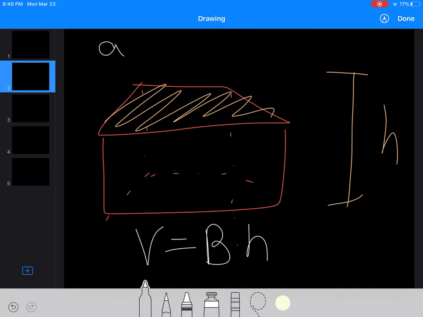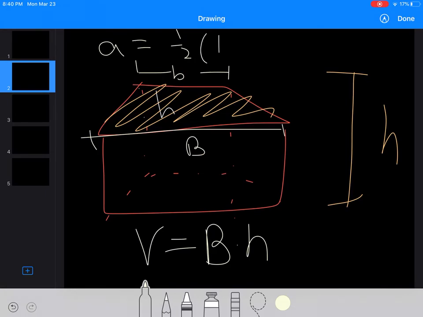So the area of that base is 1/2 little b, which is that small base, plus big B, times the height, which is that section there, and that's all times 1/2.